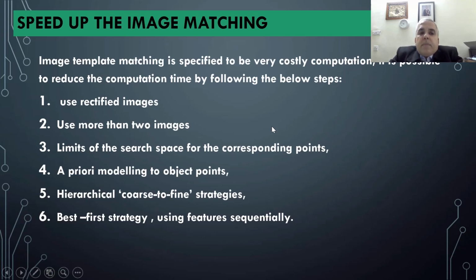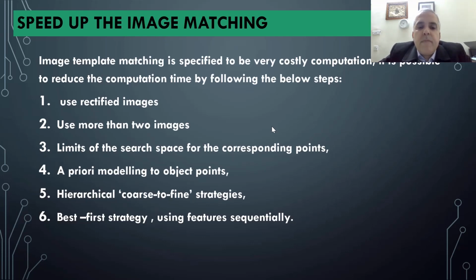In order to speed up image matching, since a template is specified, it is a very costly computation. It's possible to reduce the computation time by following the below steps. Use rectified images or make a search along 1D instead of 2D. This will be done by using photogrammetry. Using more than 2 images will also speed up the operation. Limit the search space for the corresponding point: instead of searching the whole image, we will search just a limited area.